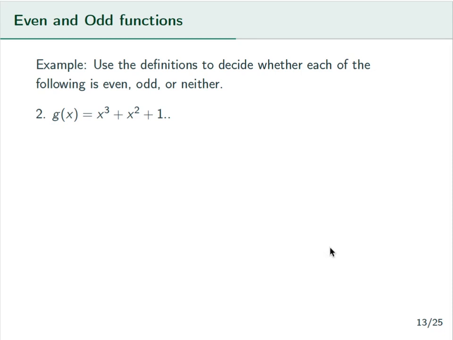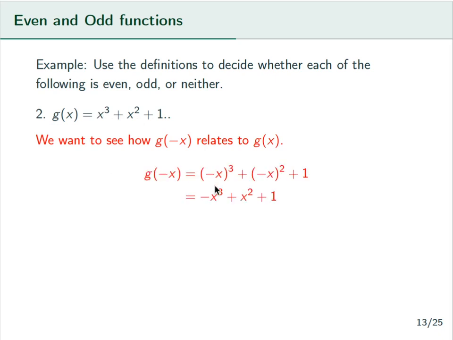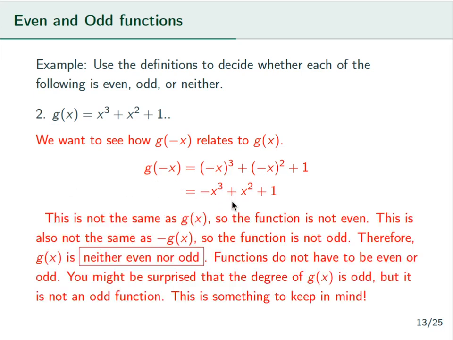Use the definitions to decide whether this function is even, odd, or neither. Same idea: we need to see how g of negative x relates to g of x. So we just plug in negative x instead. Then simplify, and we see that this is not the same as g of x because it has a negative sign.